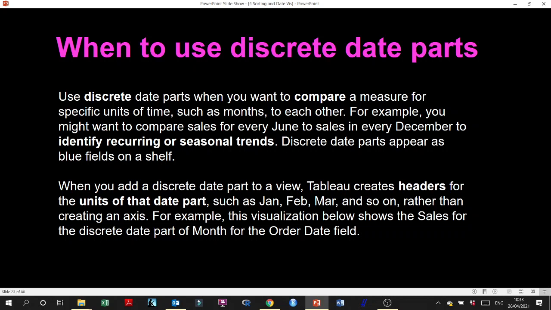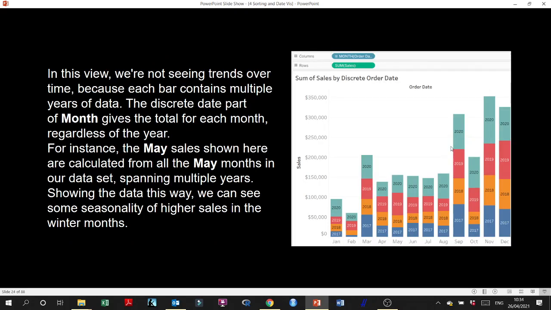But if you want to identify recurring or seasonal trends, which happen over the years, every summer, every winter, you definitely use the discrete date part. Tableau creates headers for the units of that date part, and you can easily use it to compare within the visualization. Let's take a look again.